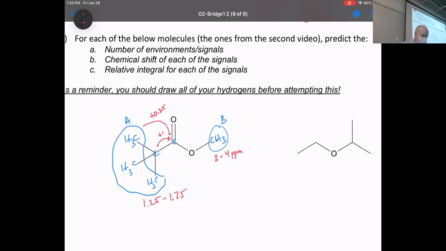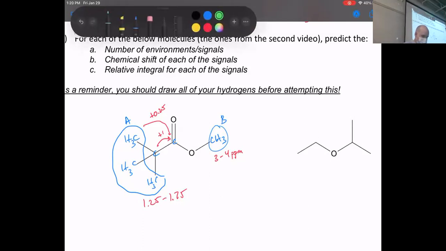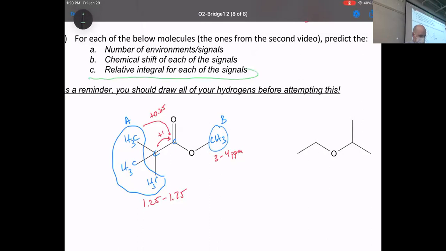All right, so the third thing is the relative integral. And the integral is pretty simple once you know how to do it. What is the integral telling you? Chloe, what does the integral tell you? Say it louder. Yeah, it's the ratio of what?